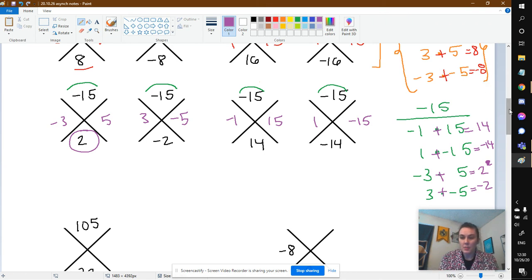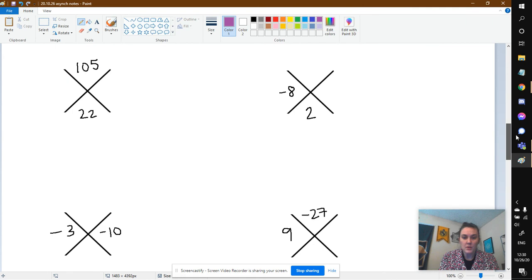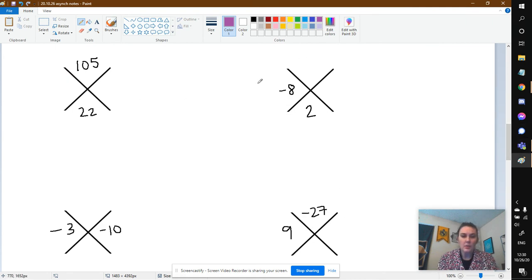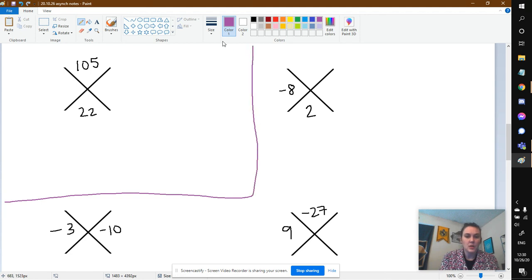And then I'm going to do a couple more examples of ones where different parts are missing. We're doing different stuff. So over here, I'm going to say what multiplies to 105 and adds to 22. Okay, well, definitely 1 times 105 works.